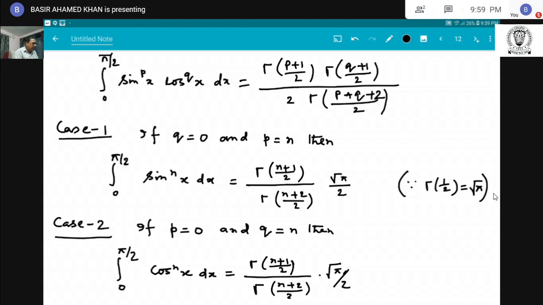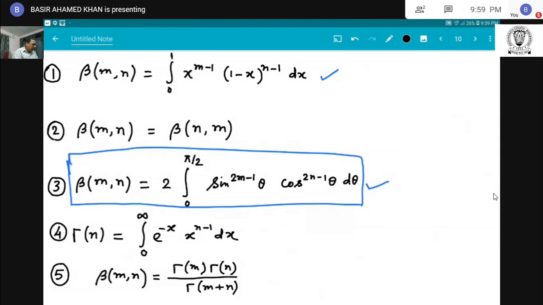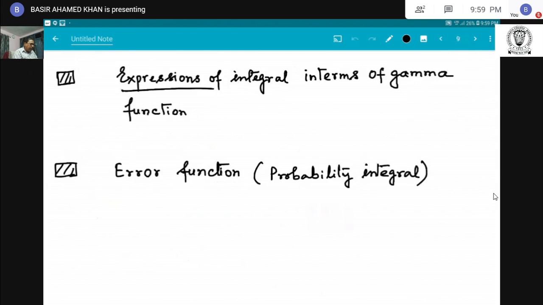Now my topic was the expression of integral in terms of gamma function.